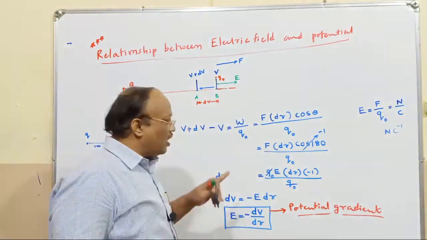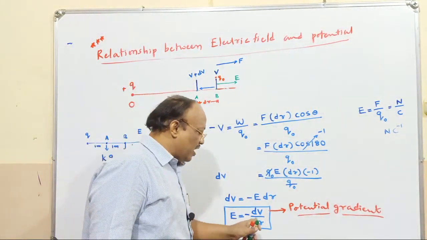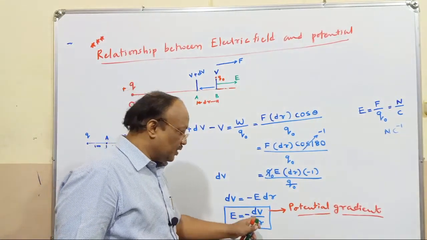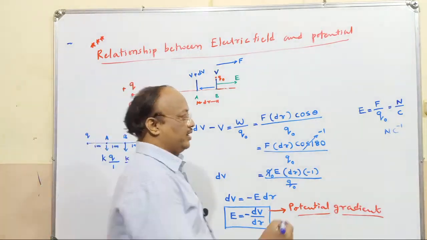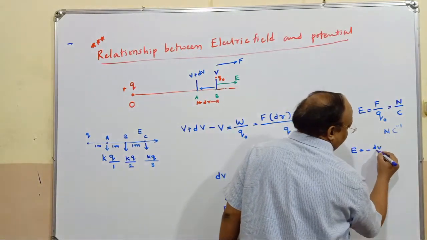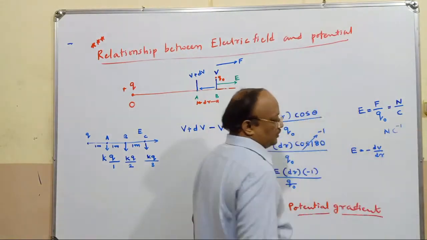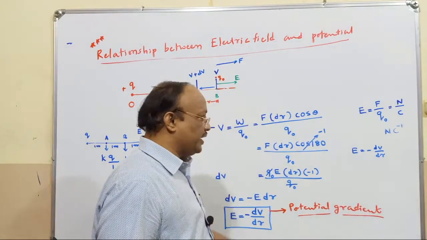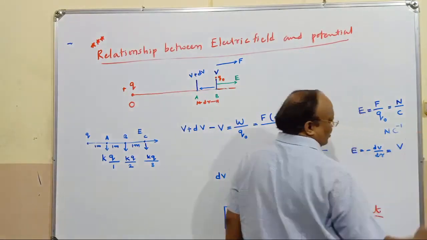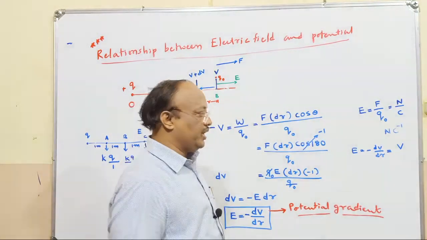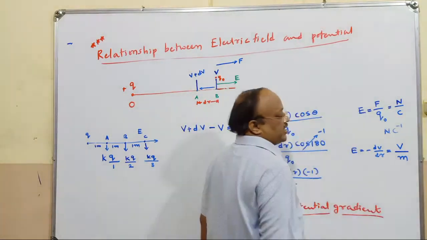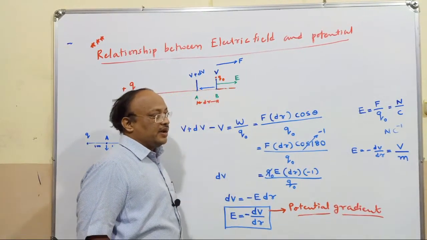But based on the relationship we have arrived at now, we have one more unit for the electric field. E is equal to minus dV by dr. What is the unit of dV? The SI unit of potential difference is volt, whereas r is separation, and its SI unit is meter.